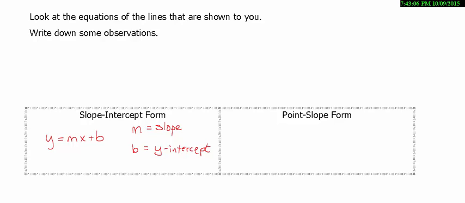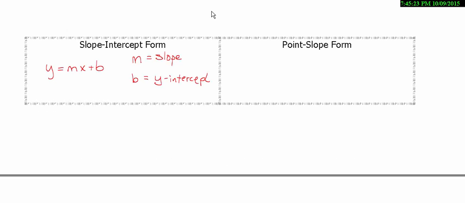What we'll do with point slope form right now is we're going to skip over this section of the box, and we're going to come back to this at a later time, so we'll leave that blank for now.